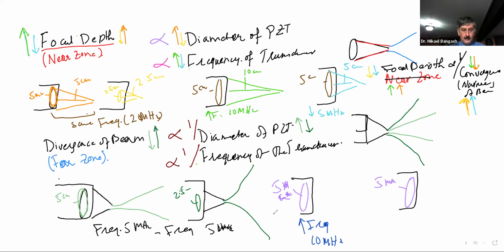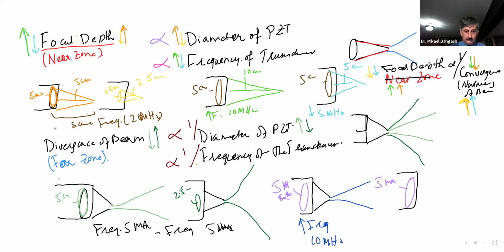We have the near zone, but we're not going to be focusing much on that one now. Since we have a high frequency, there is going to be less divergence of the beam in the far zone.